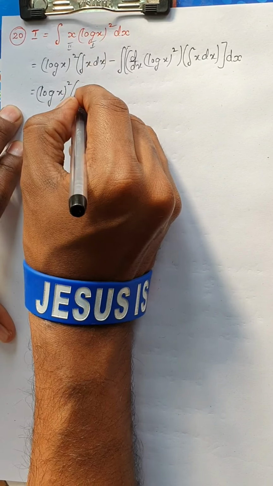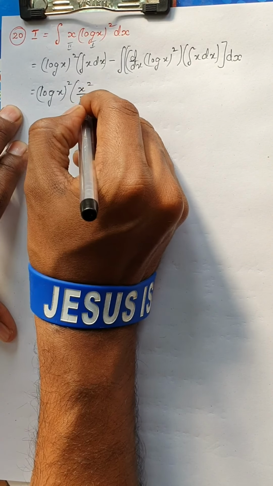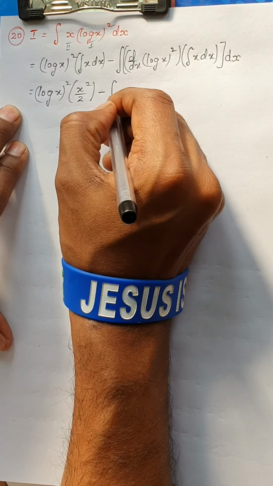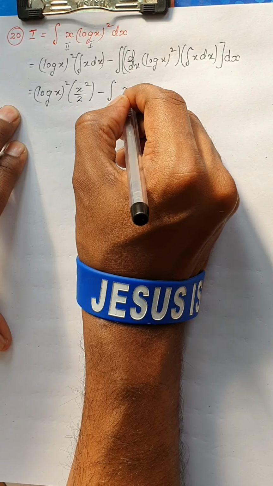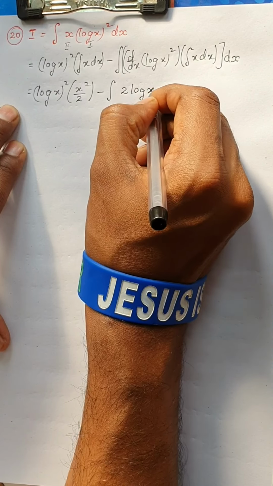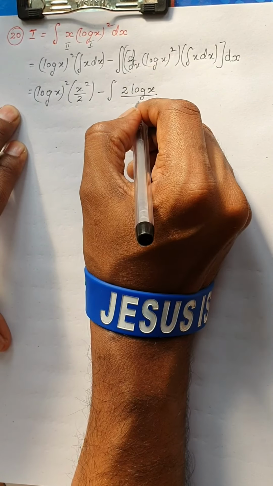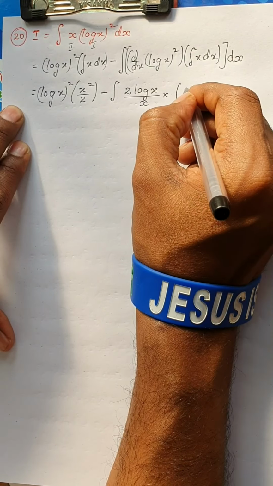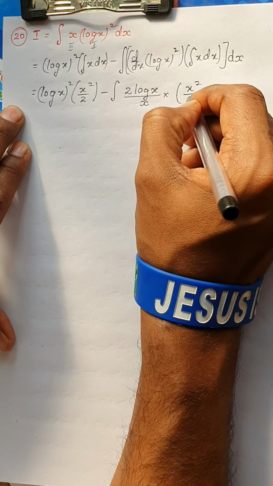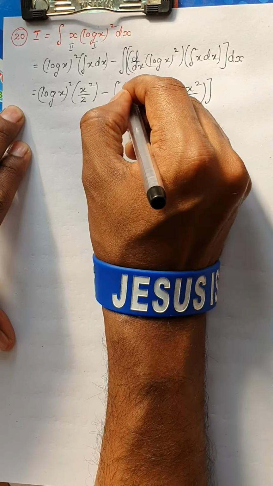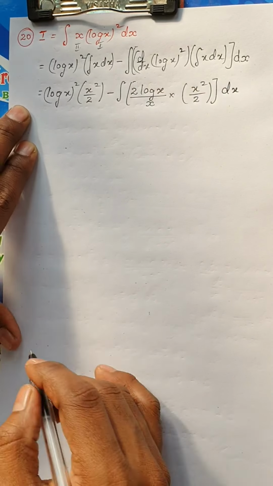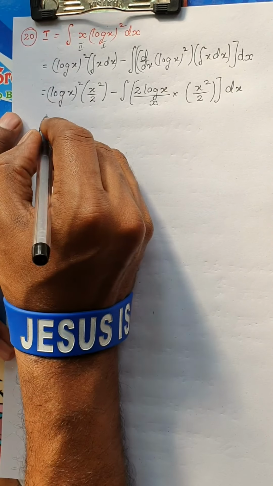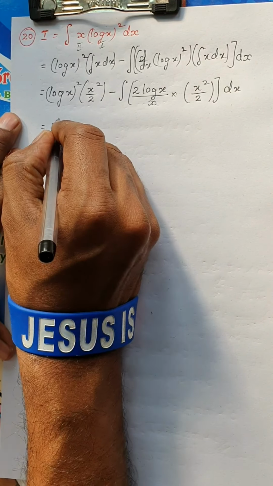Now the integral of x would be x square by 2, minus the integral of, now the derivative of f of x square is 2 times f of x. So 2 times log x into the derivative of log x, which we know is 1 by x, into the integral of x, which is x square by 2. The product of this is integrated with respect to x. So see what happens. Let me write this term as it is.